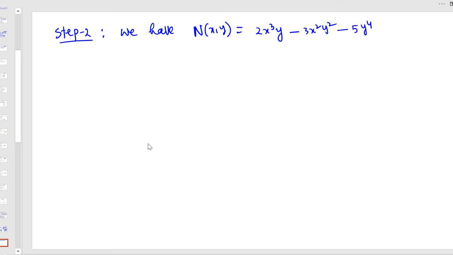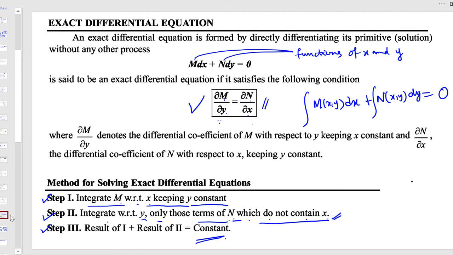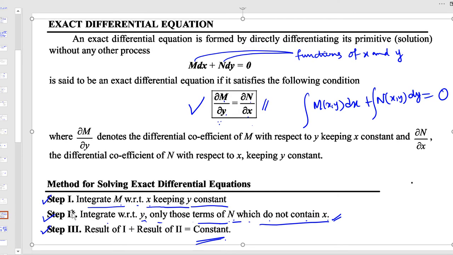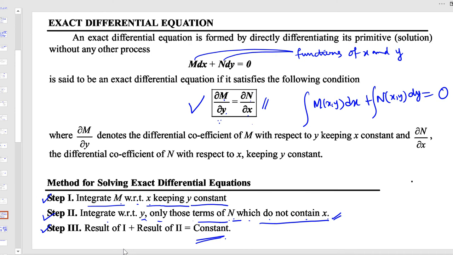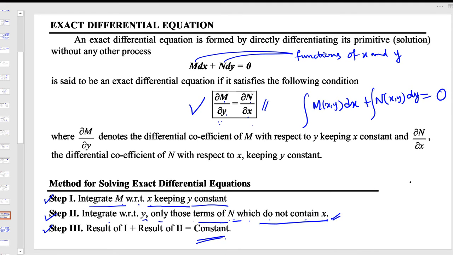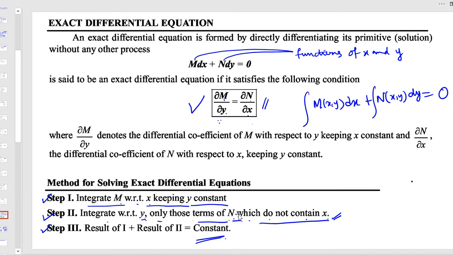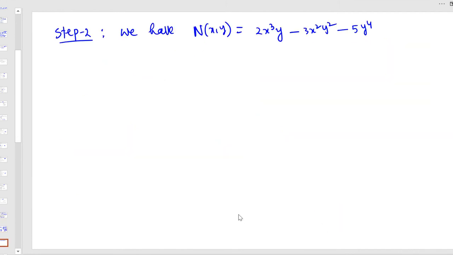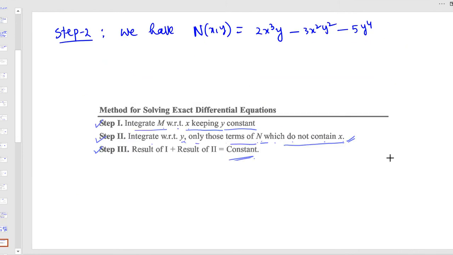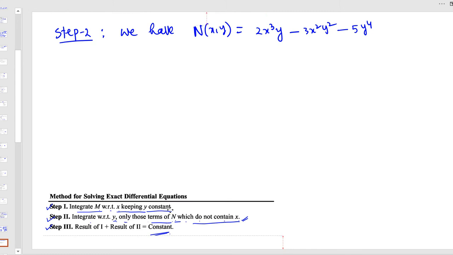So we need to calculate the portions which are not containing x. This component has x, this component also has x, but this one does not have x.